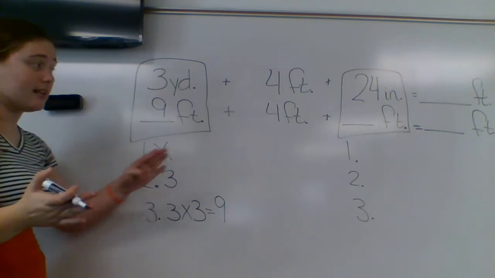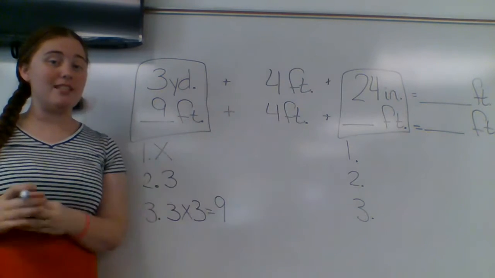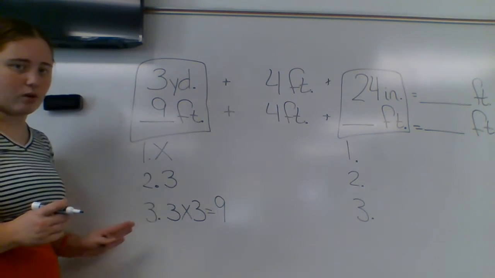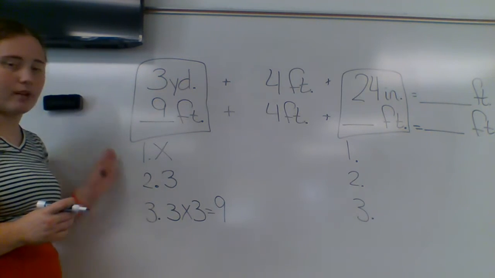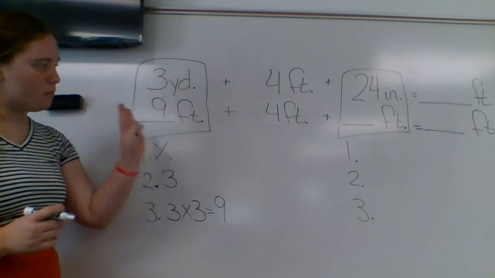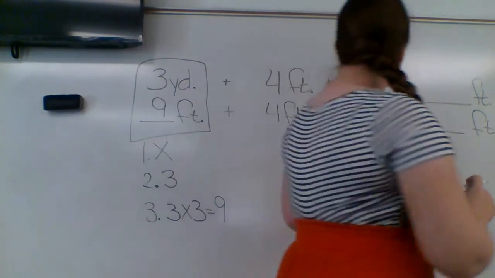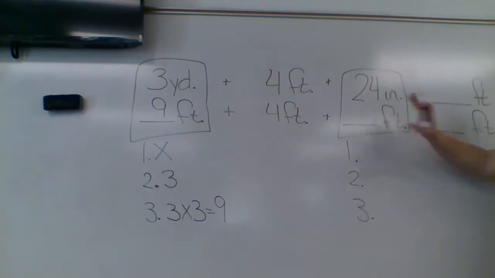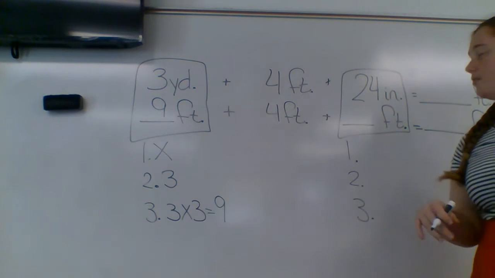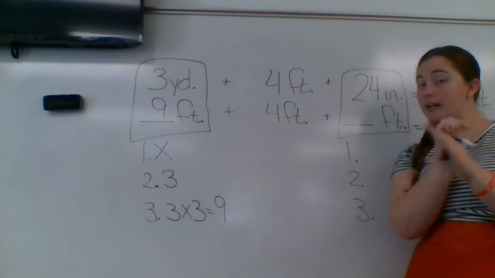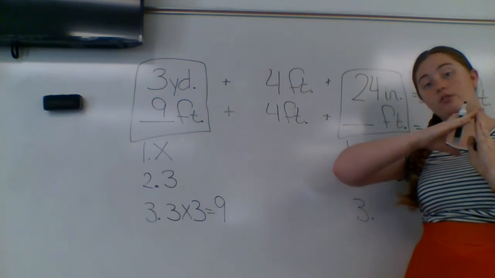But I'm not done because I still have the same steps over here that I need to do. I already did these, so I don't have to worry about doing this anymore. I already did this work. I'm not going to erase it, just leave it there. Move on over here and do the same steps. So let's go ahead. We have 24 inches equals blank feet. So I'm going to have step 1, larger to smaller, we multiply, or smaller to larger, we divide.